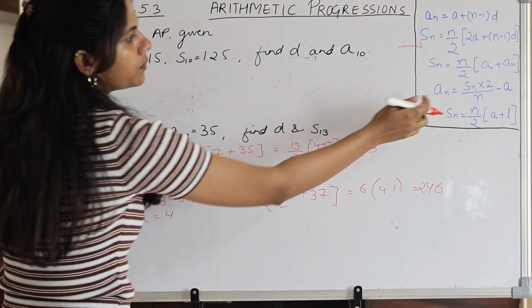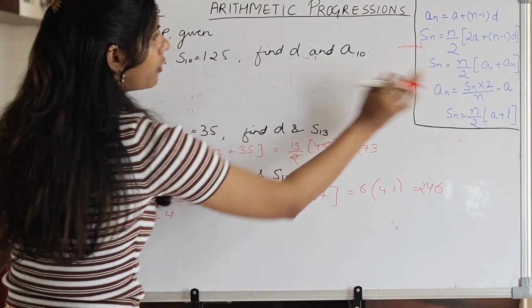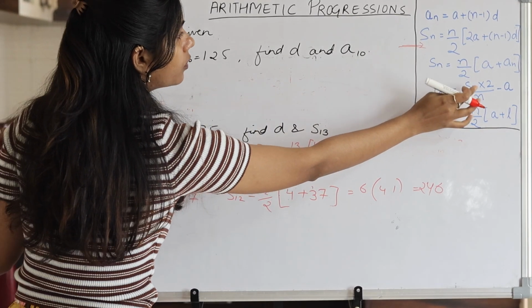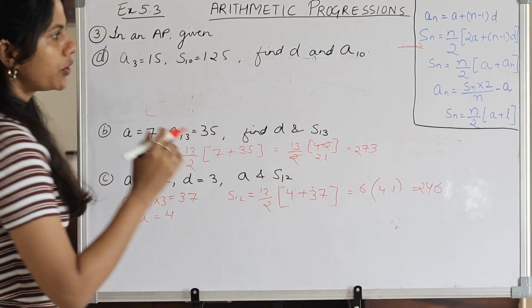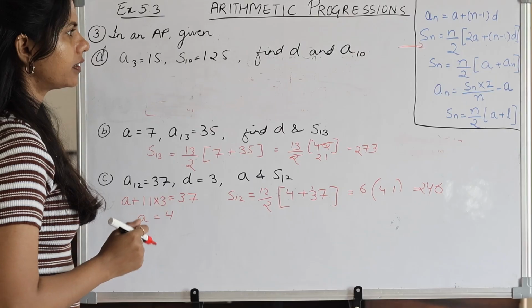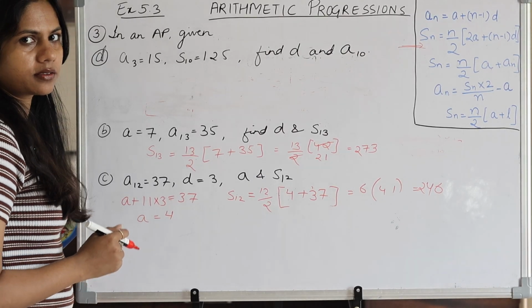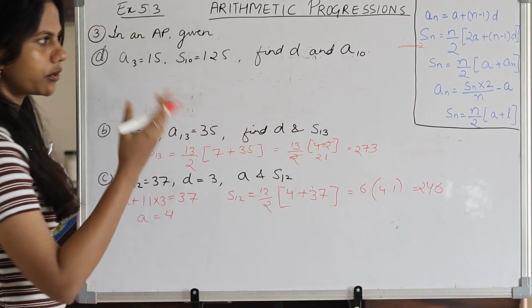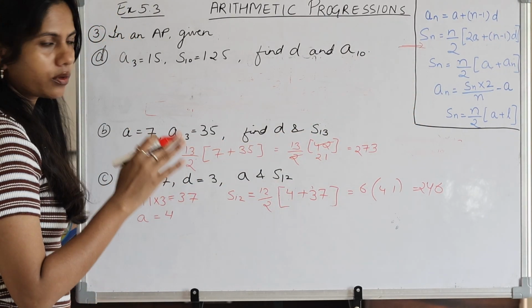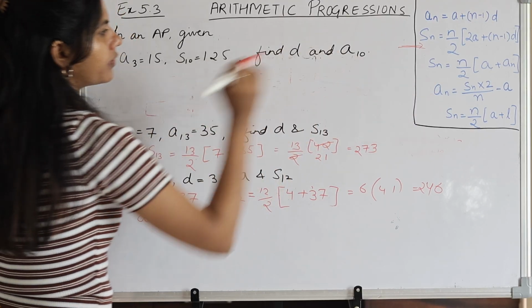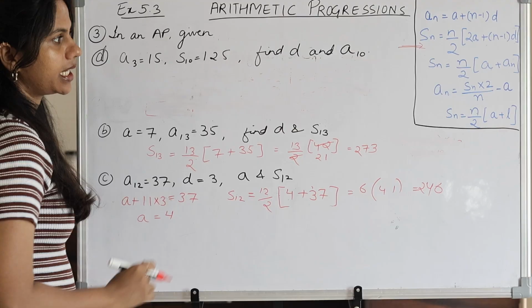Here it is Sn by n. We know the value of n. N is 10. Now into 2 minus a. But this formula requires a also, and we don't see a here. So before using this formula, we have to find the value of a. After we find a, we can directly find the value of A10.